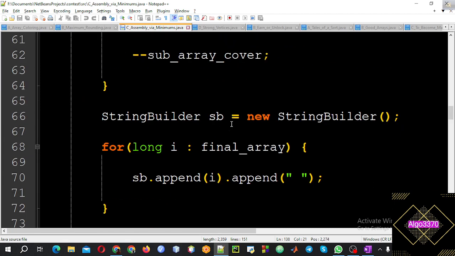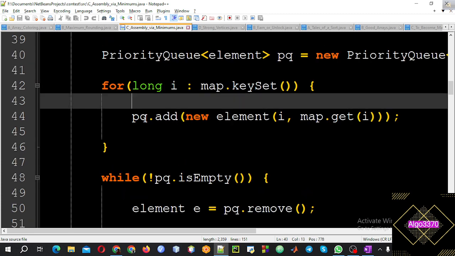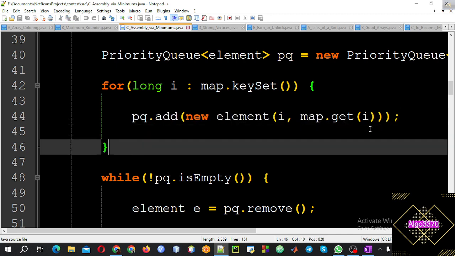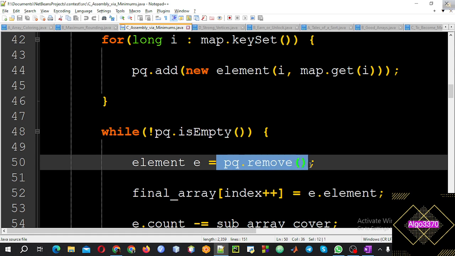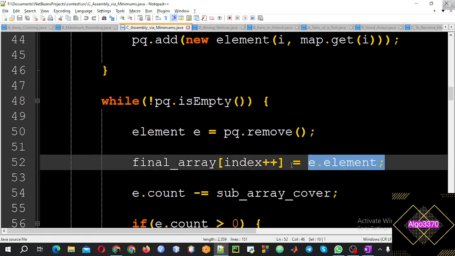We will put all the key-value pairs of the map in this priority queue. Then until the priority queue is empty, we will remove elements from it and put them into the final array at index I.